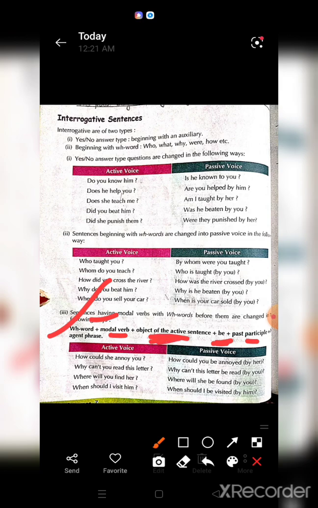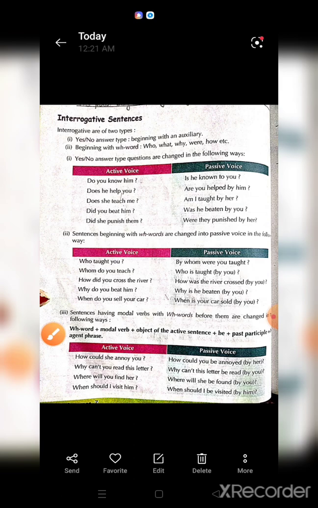In the middle we will have to add the object. So how could she annoy you? So how could you be annoyed by her? Why can't you read this novel? Why can't this novel be read by you? So don't forget to use be. Okay, so this is how we change interrogative sentences to passive voice.